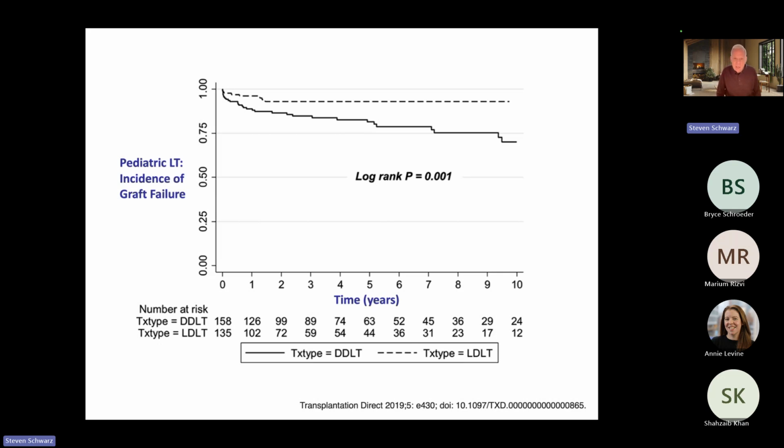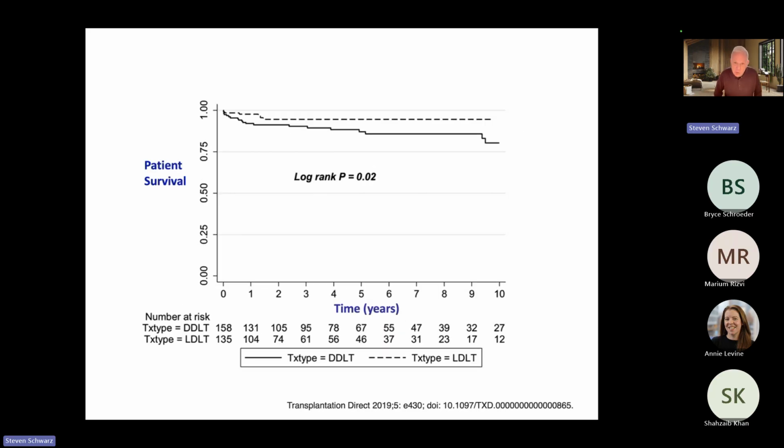As you can see, there's a significant difference over time in graft failure, up to 10 years, between the living and the deceased donor. So whenever possible, the living donor liver transplant is always preferred. And the significance, as you can see here, is 0.001.